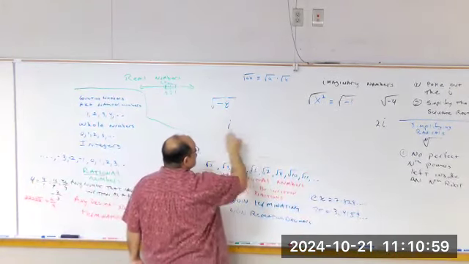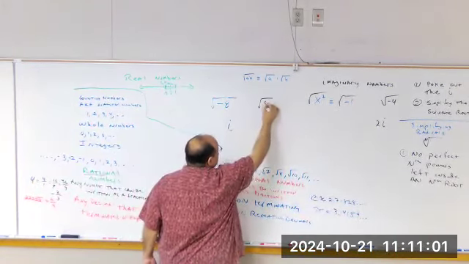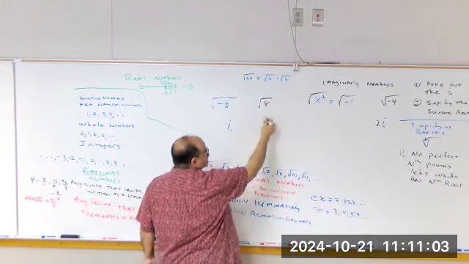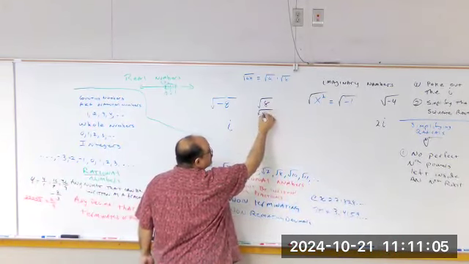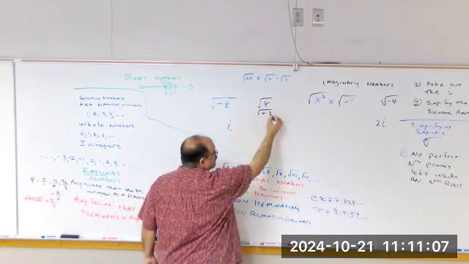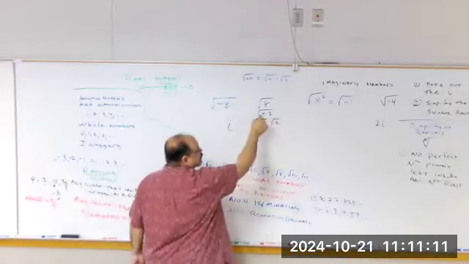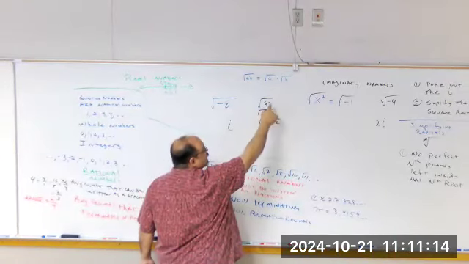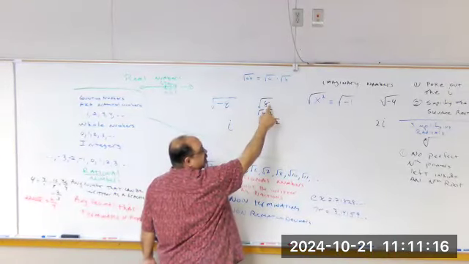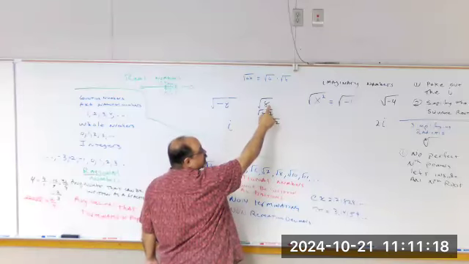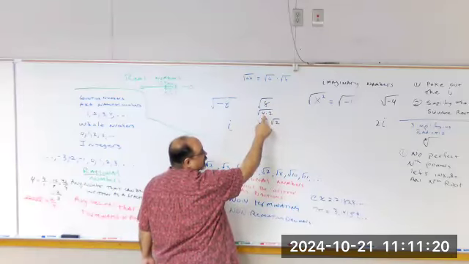So this is, poke out the i, you've got square root of 8. The square root of 8 is the same as the square root of 4 times 2. That's the square root of 4 times the square root of 2. So there is a perfect square that's a factor of 8. 4 goes into 8, and 4 is a perfect square.